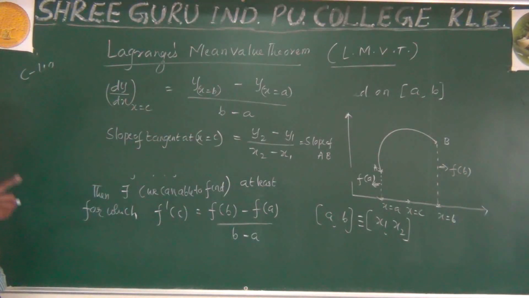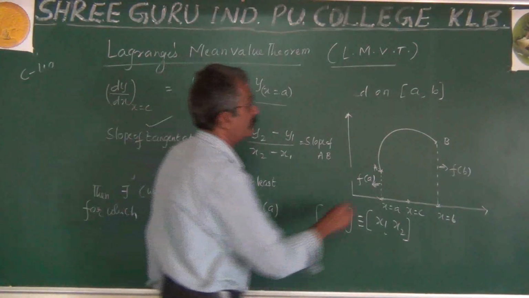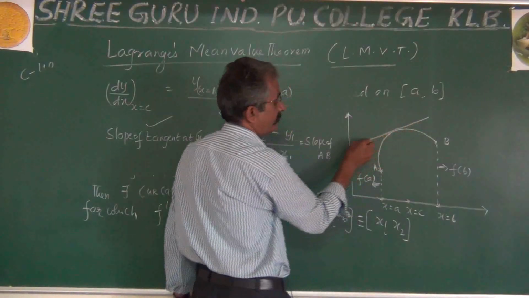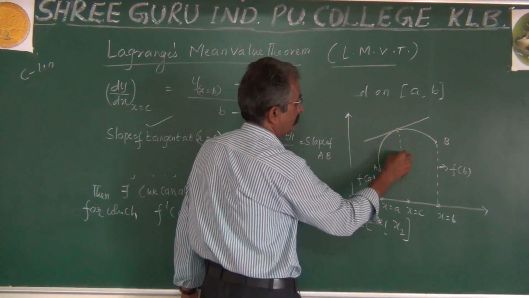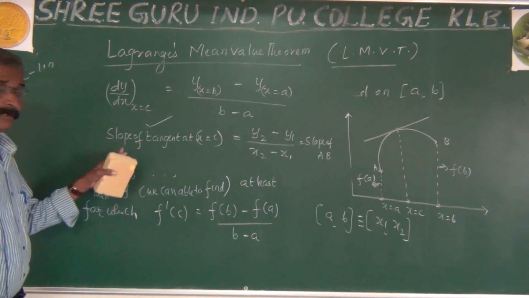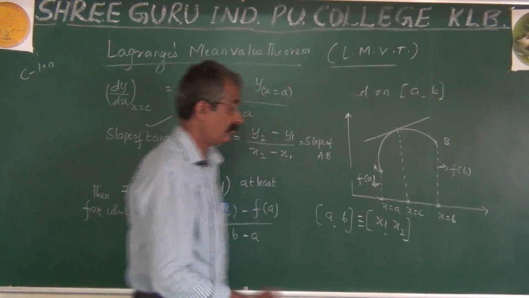So what we got at the end? We got slope of tangent at point x equal to C. So this is tangent at point x equal to C. And slope of tangent at point x equal to C equal to slope of line AB.